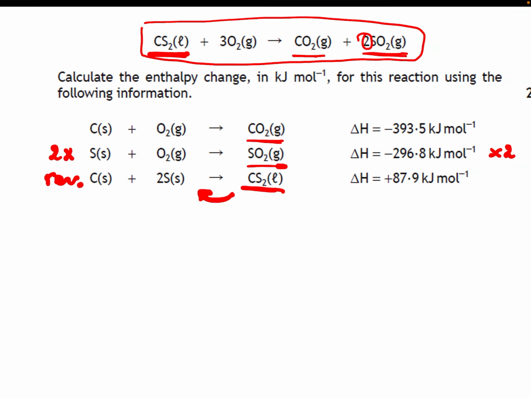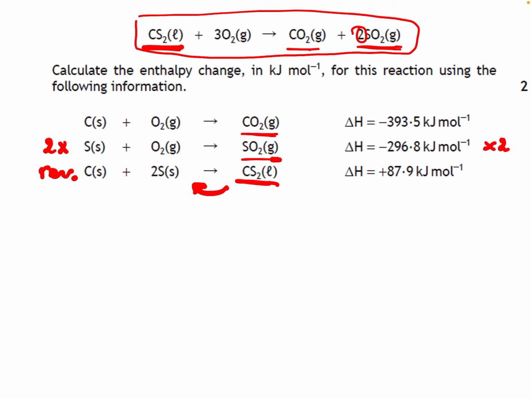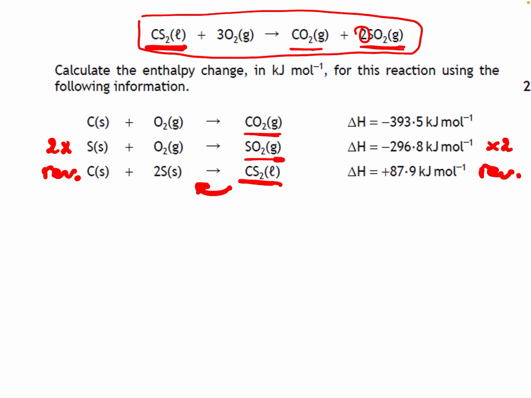Okay, so let's rewrite our equations so we can do this. I'm just writing this first equation just the way it appears because we don't have to do anything to it.